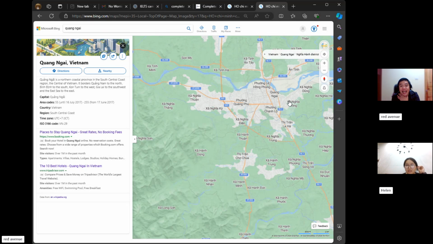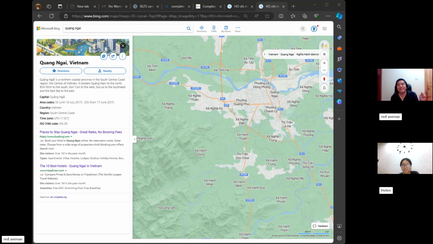So these towns are suburbs, not part of the city. If this is your city and these are outside Quang Ngai and not cities, these are considered suburbs, as long as they are not cities. They are just outside the city center. That is suburb.